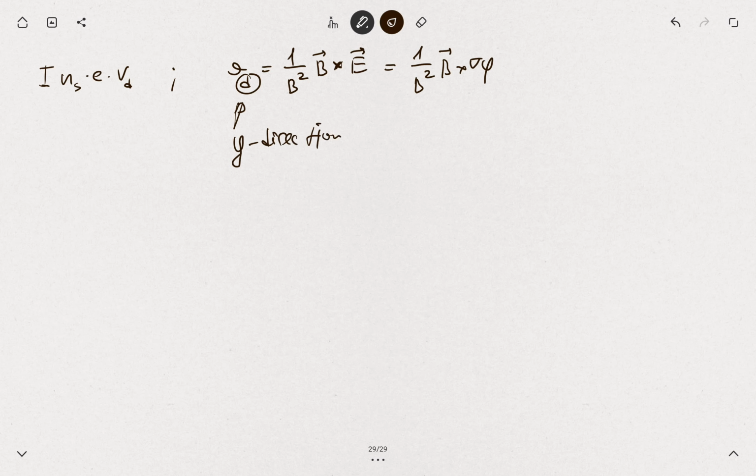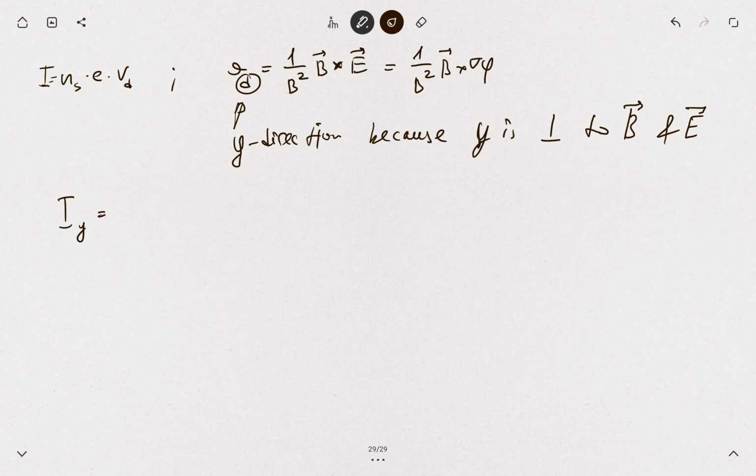because y is perpendicular to the magnetic field and the electric field. So we can then calculate the current along the y direction.